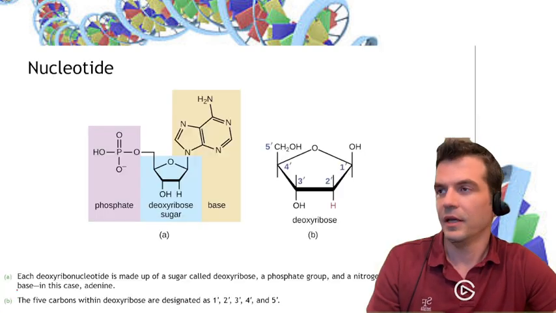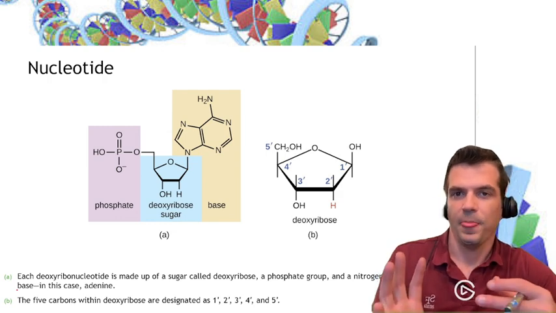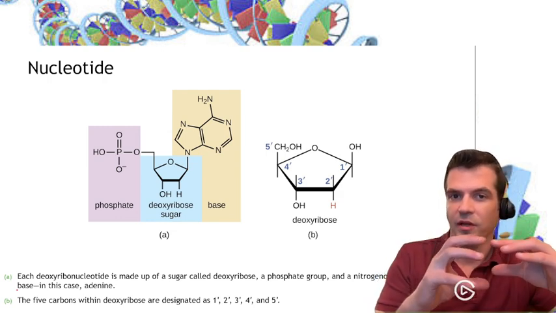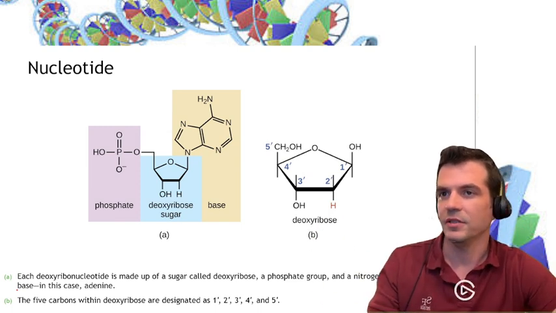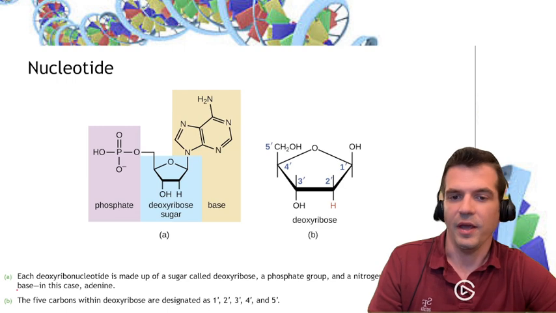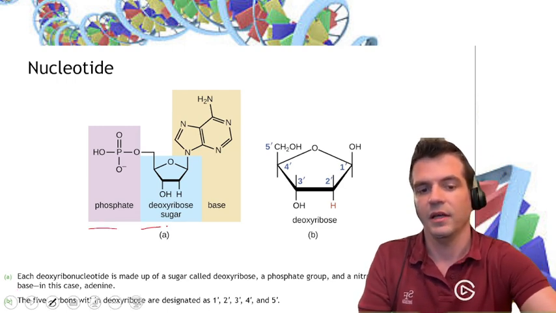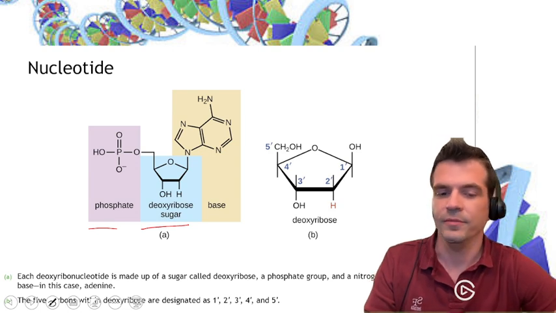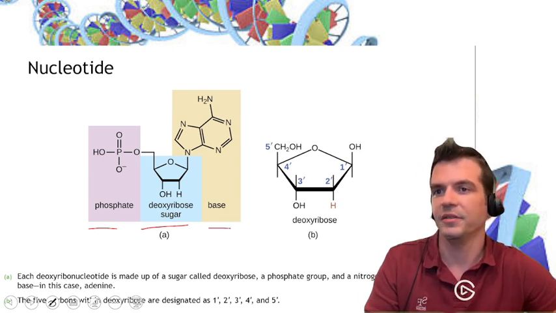So how does it store that information? Well, it stores it in the fundamental unit of DNA, which is the nucleotide. The nucleotide you can see in figure A there. It consists of a phosphate, a deoxyribose sugar, and a base, or nitrogenous base.